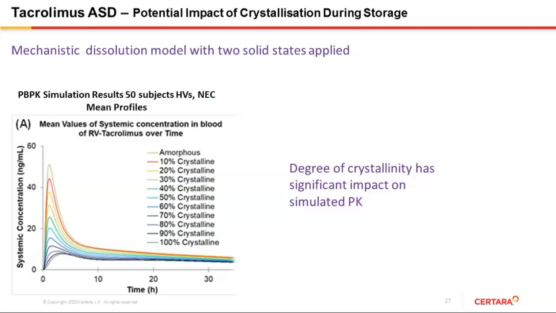However, there has been a reported study in dogs where, although they didn't examine such a wide range of crystallization, there was found to be a significant impact on exposure, where, for example, a 50% crystalline initial formulation was dosed to the animals. So these results qualitatively roughly reflect that situation.